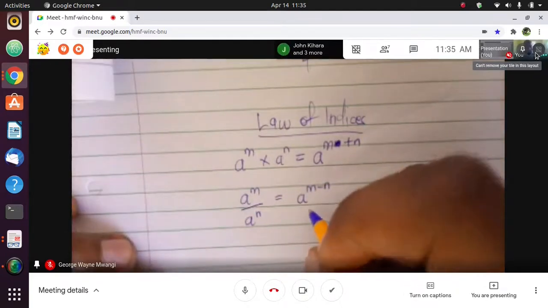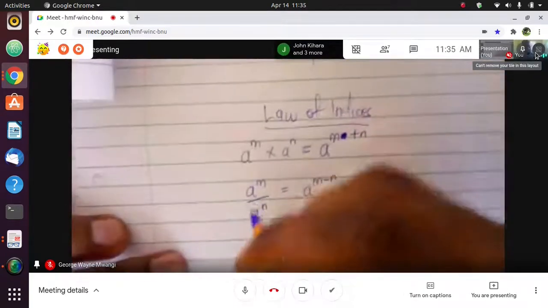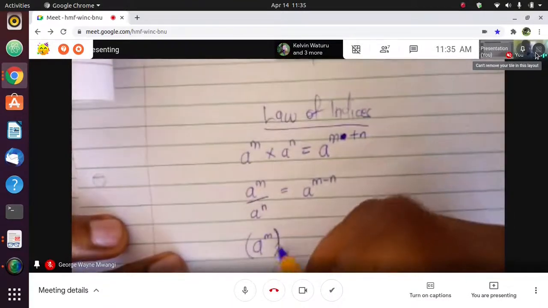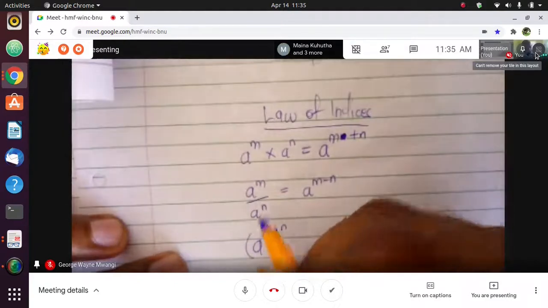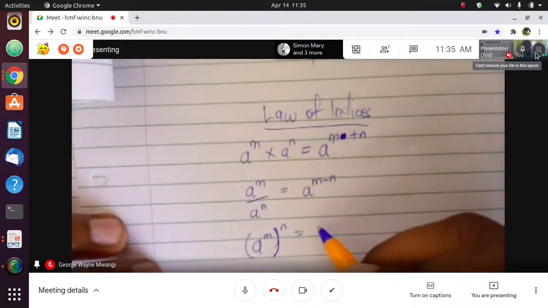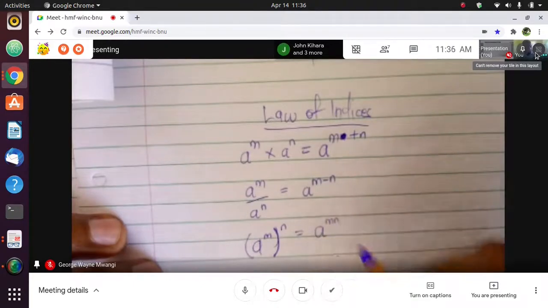Yes. Sawa. Now, when we raise a number that already has a power, mfano a raised to power m, and then we raise that number to power n, itakuwa the same as a raised to power m multiplied by n. Sawa.